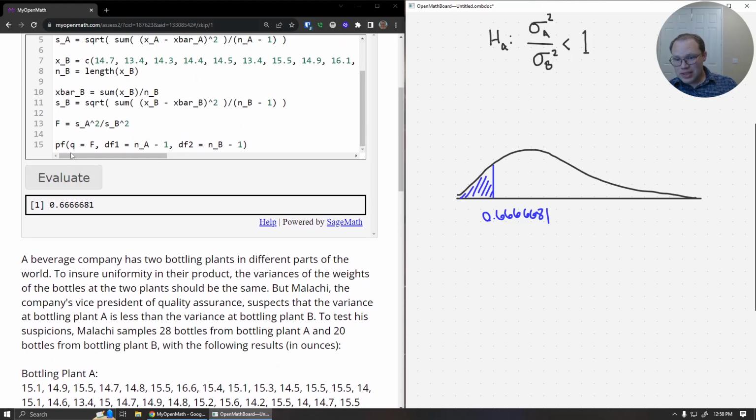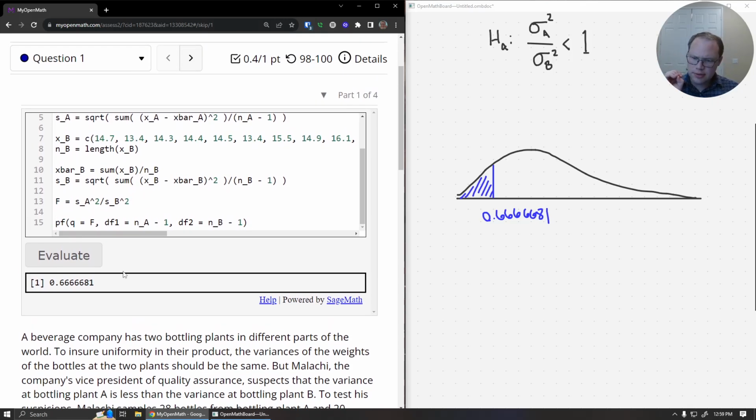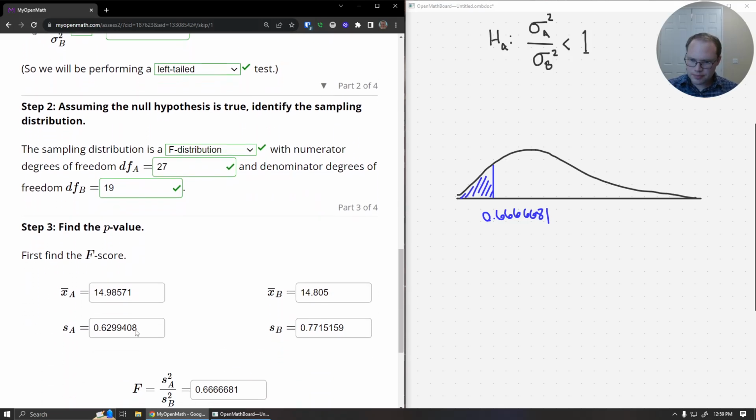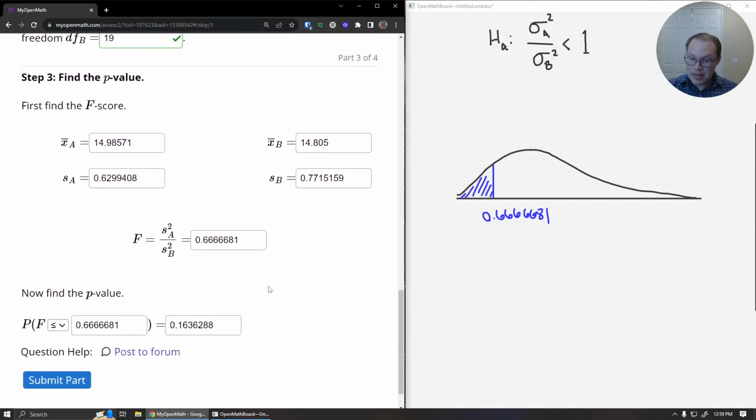By default, that's what this calculates, right? This calculates the probability of the F distribution to the left of this value. So I don't have to do anything fancy. If I were calculating the probability in the right tail, I'd need to do 1 minus. But I'm not. I'm calculating the probability in the left tail. That's what this calculates for me already. I don't have to make any changes. And the probability I get is 0.1636288. And that is my p-value.